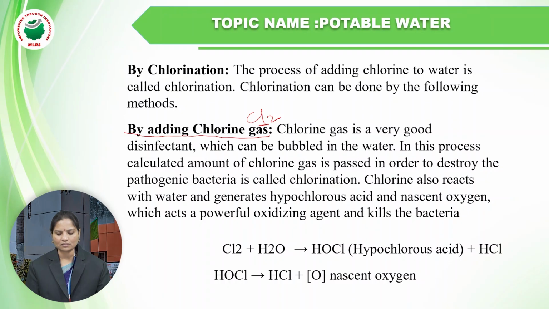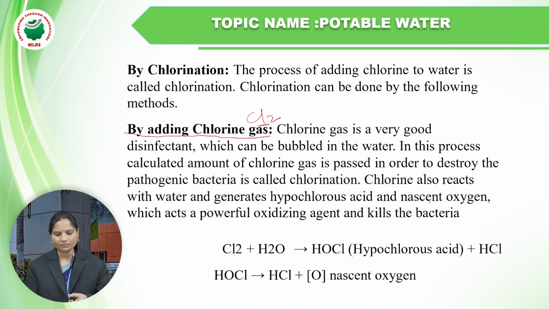In this process, an amount of chlorine is passed through the water to destroy harmful or pathogenic bacteria, and algae-type microorganisms can be eliminated or destroyed by our chlorination process.